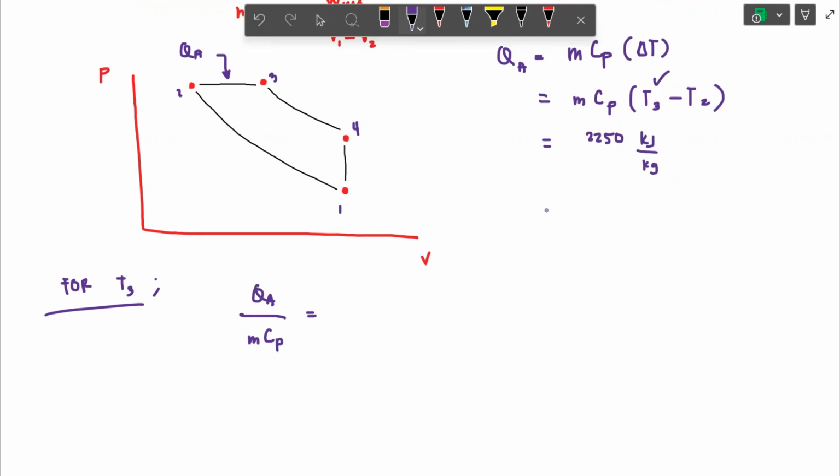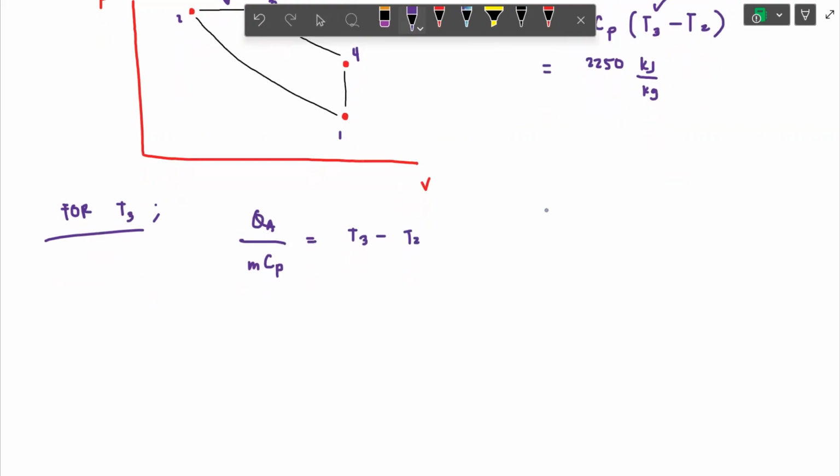Pero saan nagmula? Ito. So, T3 minus T2. Okay? So, T3 is equal to QA divided by mCp, air standard yan, plus T2.